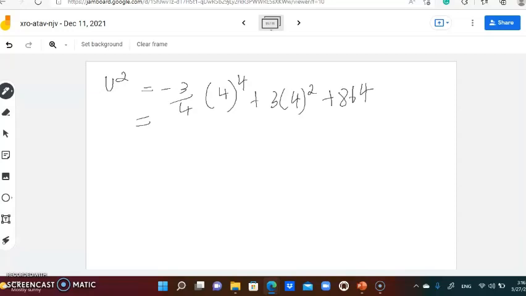This is going to give me negative 192. 4 squared is 16. 16 times 3, let's go to our calculator very quickly, that's going to give me 48, and I am adding 864.